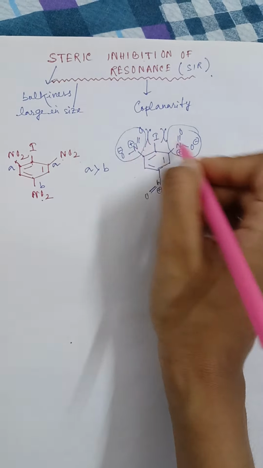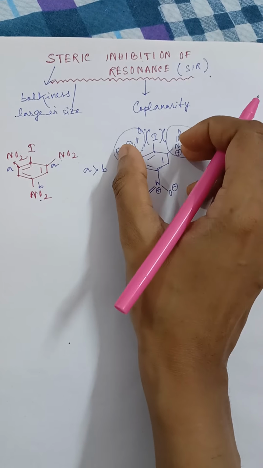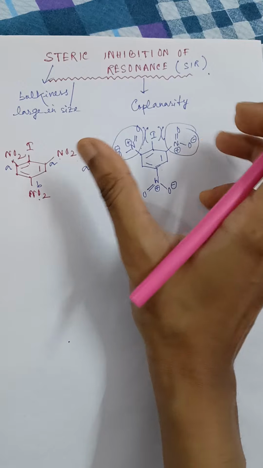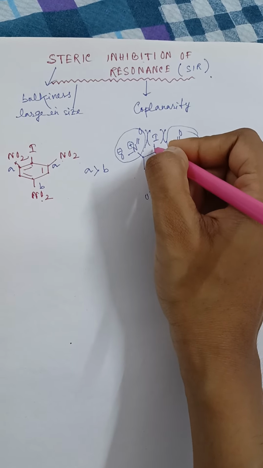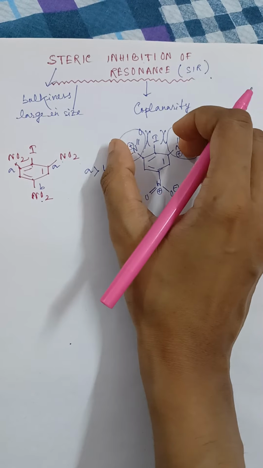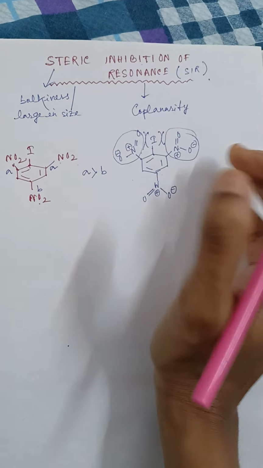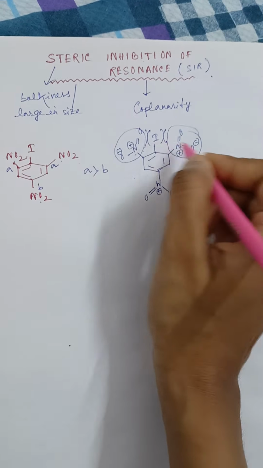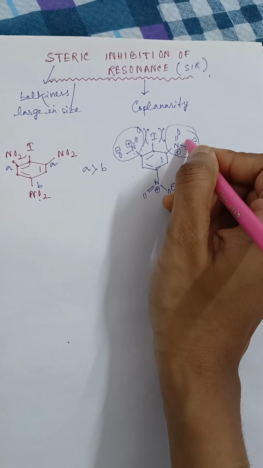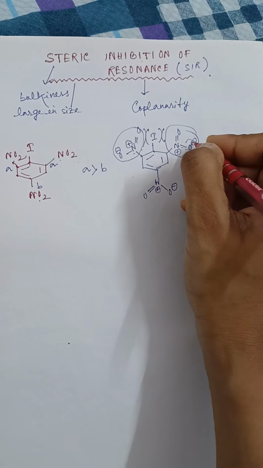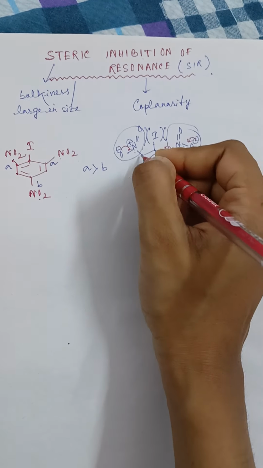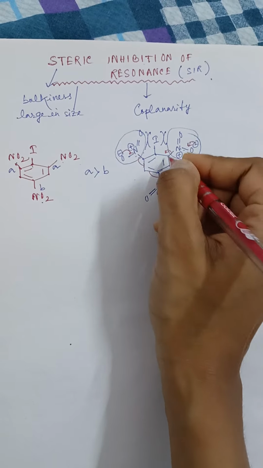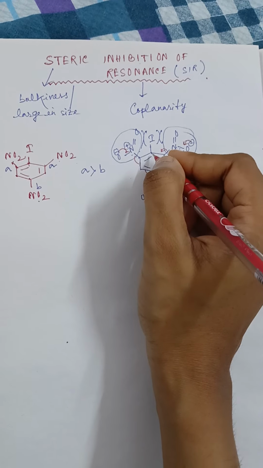Because these two NO2 groups are creating a problem due to their size, what happens is that this lone pair, this electron density, is no more in resonance with this ring.